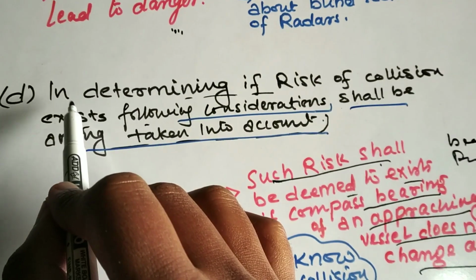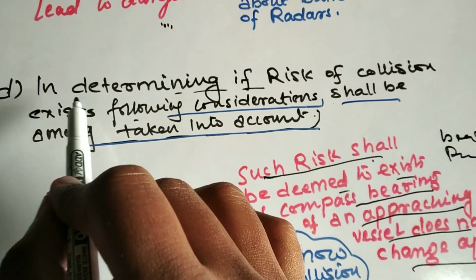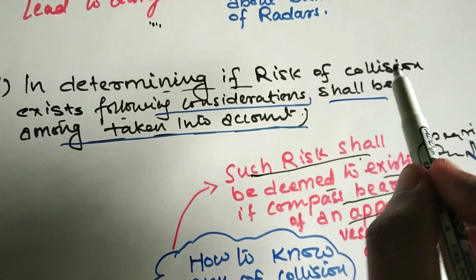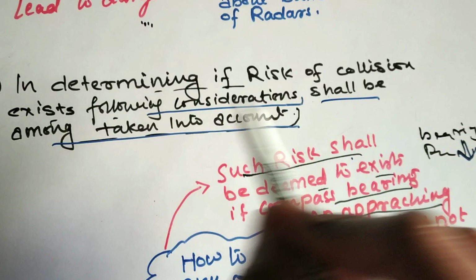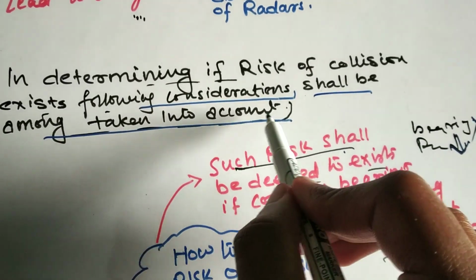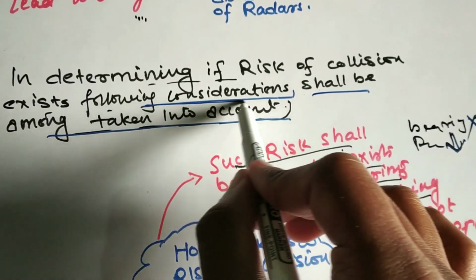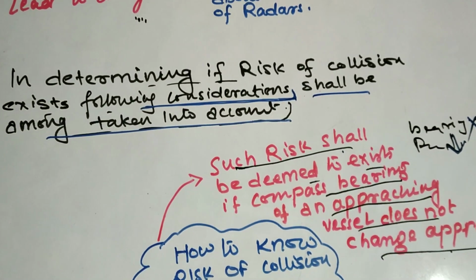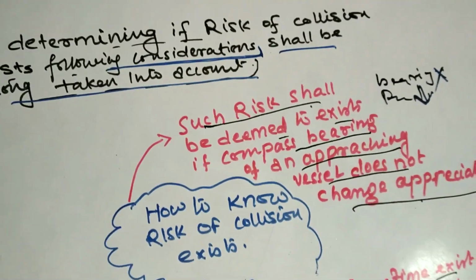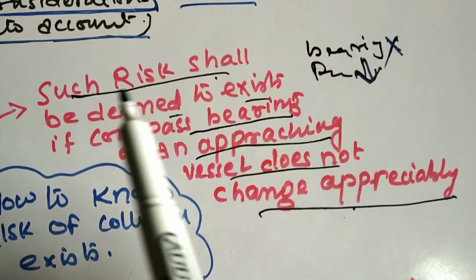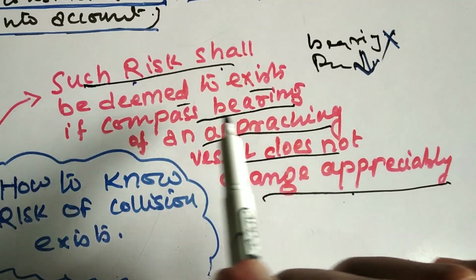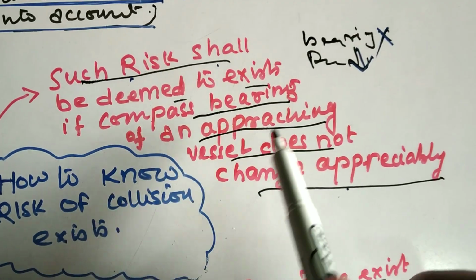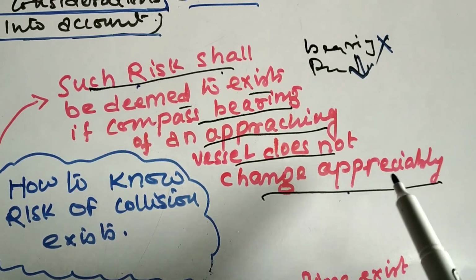Let's see what Part D of this rule says. In determining if risk of collision exists, the following considerations shall be among those taken into account. There are two considerations written in this rule. Such risk shall be deemed to exist if the compass bearing of an approaching vessel does not change appreciably.